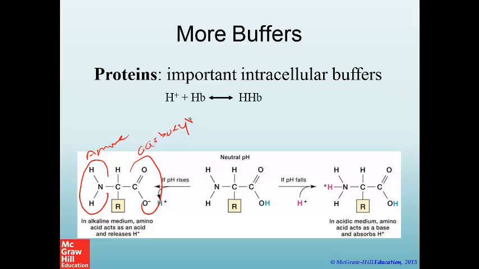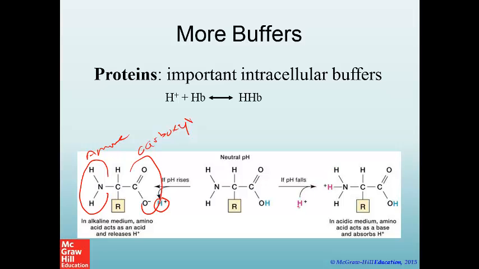So if the pH rises, right, so if the environment becomes more alkaline, you can donate protons to that surrounding environment, the intracellular fluid, in order to maintain a normal pH.